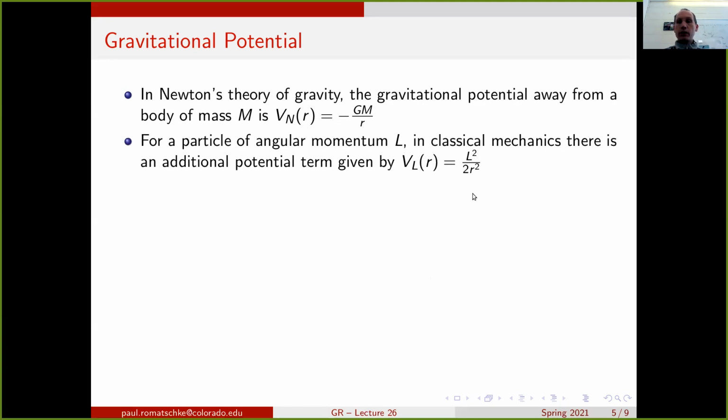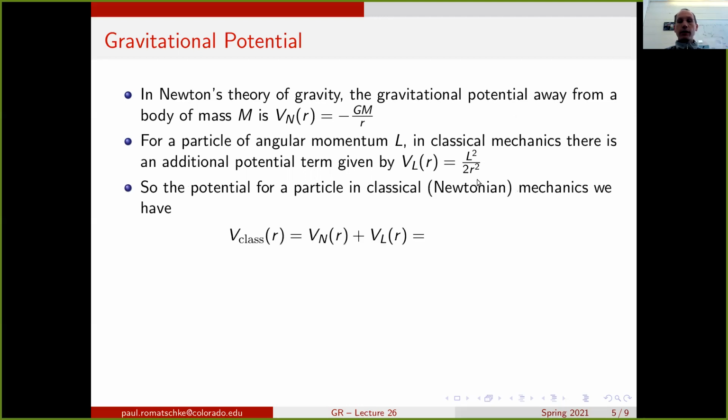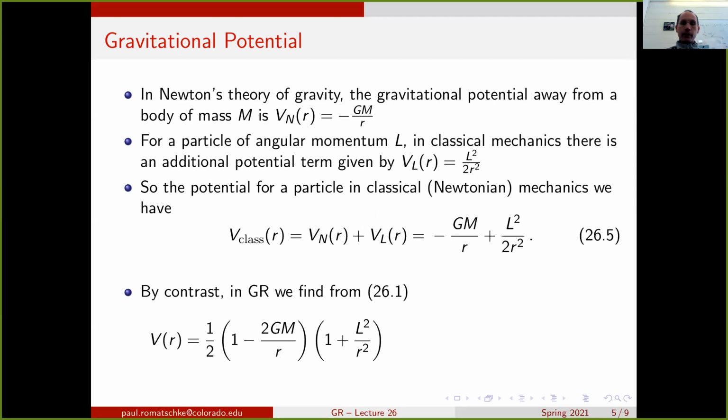And if in addition the particle we are considering has some angular momentum, let's say the angular momentum per mass, similar to the energy per mass that we discussed before, then in classical mechanics there's a potential energy term that's just angular momentum squared over twice the radius squared. So in the Newtonian theory, we find that the classical potential is the sum of the gravitational potential and the angular momentum potential. The sum of these two terms is just minus GM over r plus L squared over 2r squared.